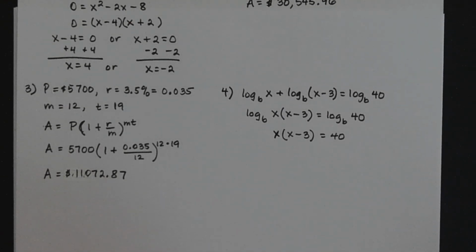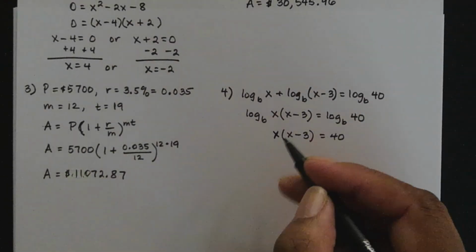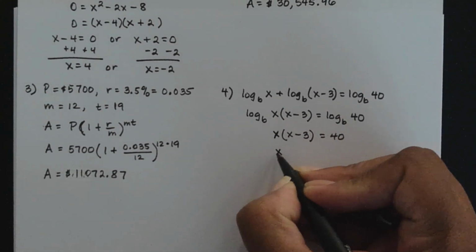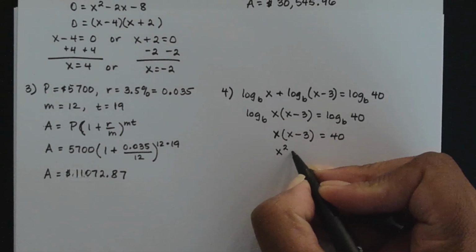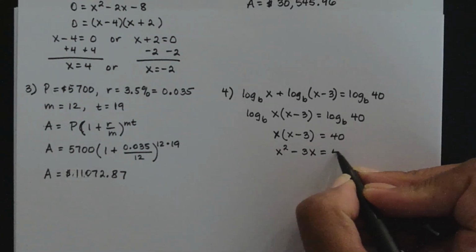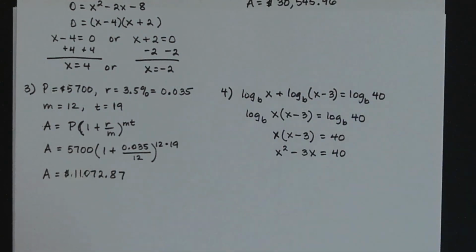And from here, we can solve this equation. If I distribute the x over the x minus 3, I would get x squared minus 3x, and that's equal to 40.